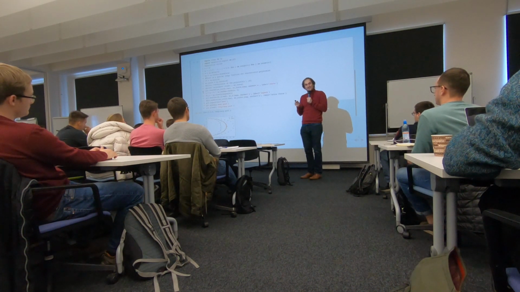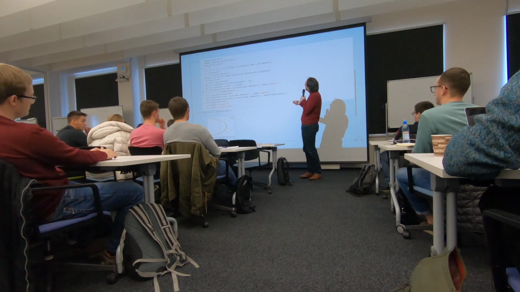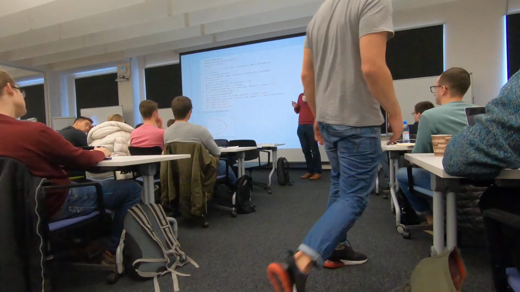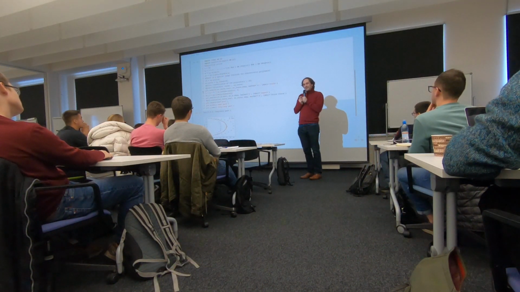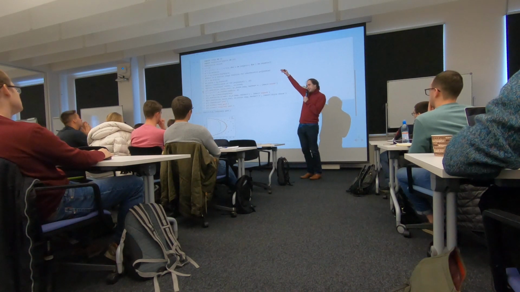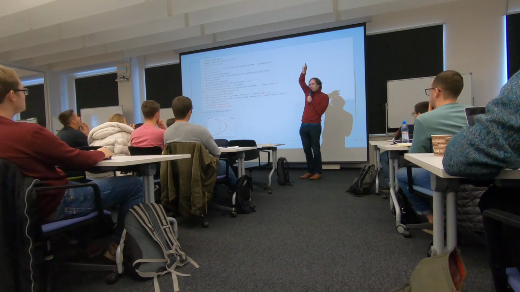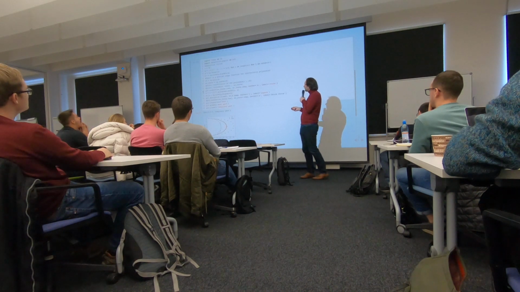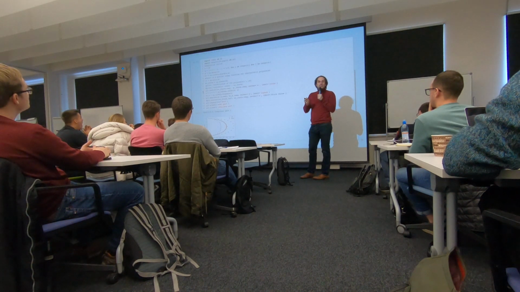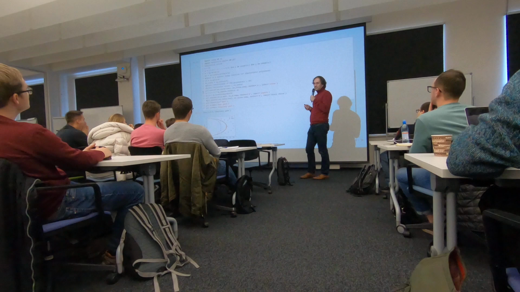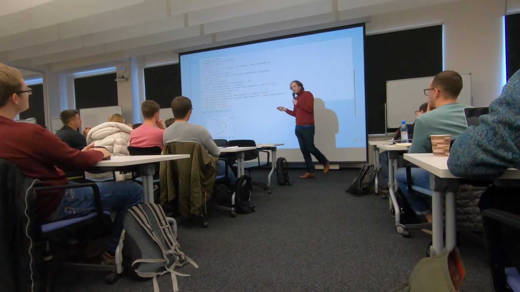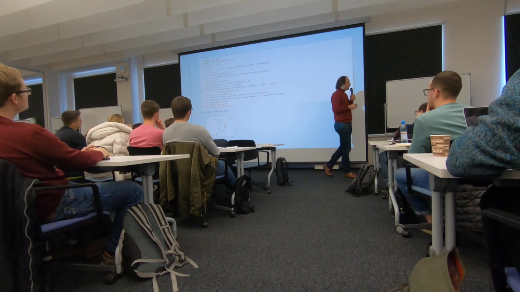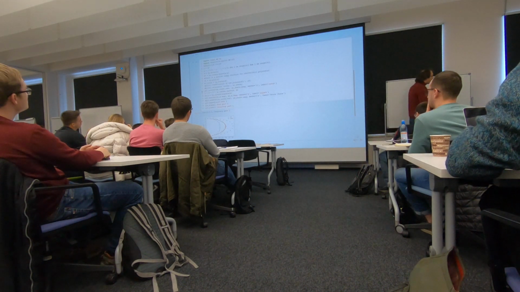Then the roots of the polynomial are computed as eigenvalues of the matrix. So this function actually creates another matrix, the simplest sort of diagonal plus some border, called the companion matrix, and then computes the eigenvalues of this matrix. So even the computation of the roots is done by solving an eigenvalue problem.